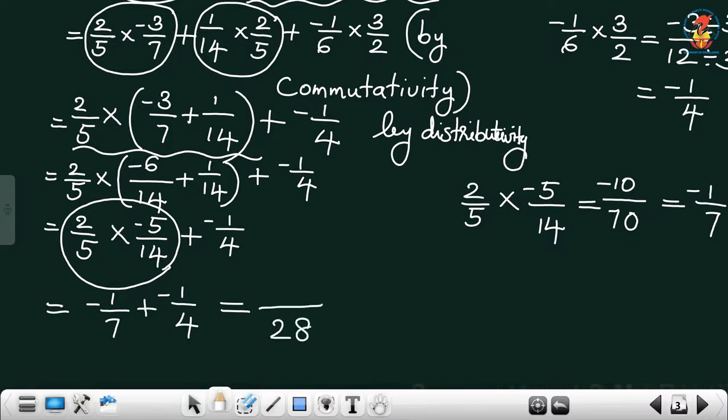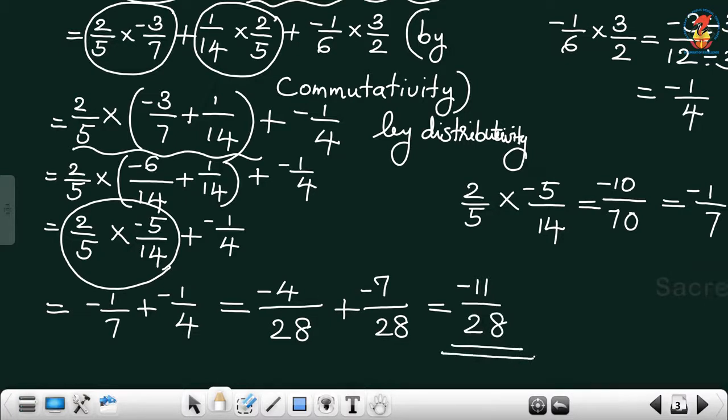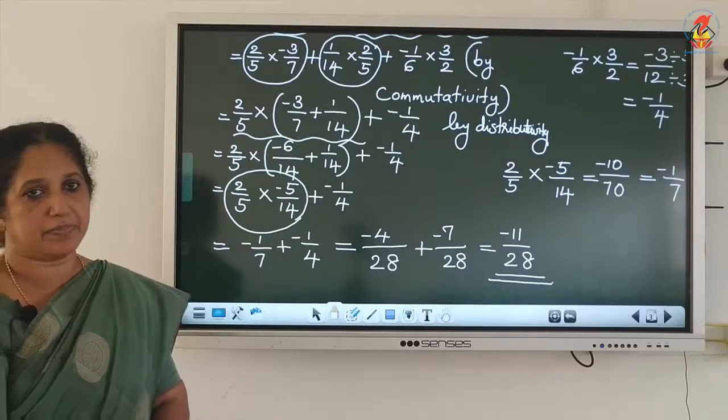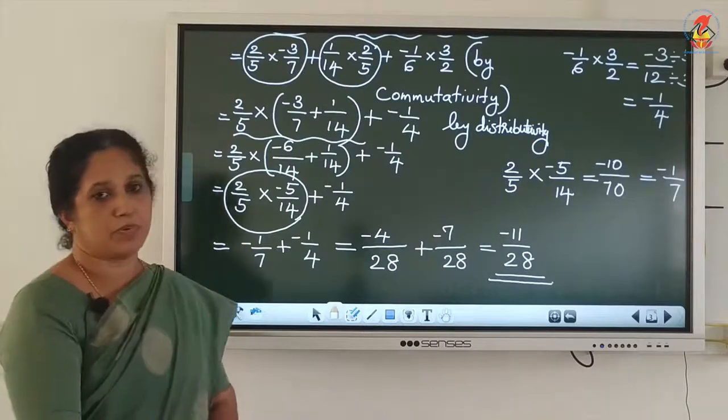Then negative 1 by 7, the equivalent rational number is negative 4 by 28 plus, then next one, negative 1 by 4, which is equal to negative 7 by 28. Then equal to negative 4 plus negative 7, negative 11 by 28. So the answer is negative 11 by 28. So you have to practice these problems at home.